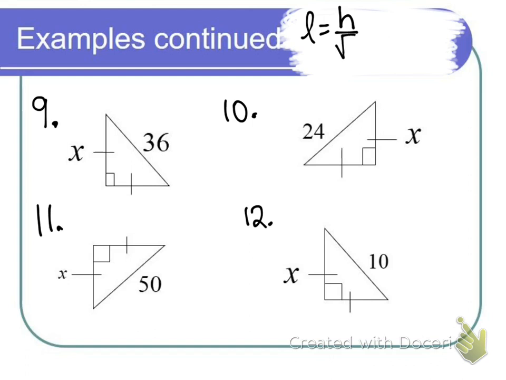The square root of 2. Okay, so instead of a leg, I have x. I'm going to move that out of the way for a minute. I've got x equals, what's the hypotenuse? 36. And we're dividing that by the square root of 2.